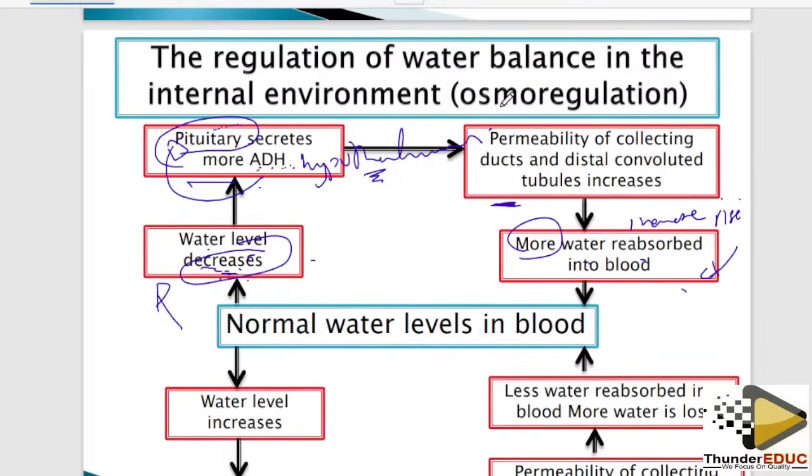People call it master gland because it controls most of the glands, but please don't. Call it hypophysis or pituitary gland. Its name is pituitary gland. Hypophysis is cool. So secrete more ADH. What is the function of ADH and where does it work?